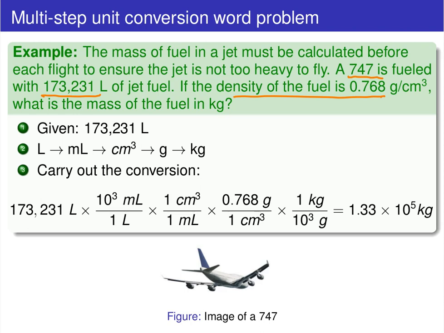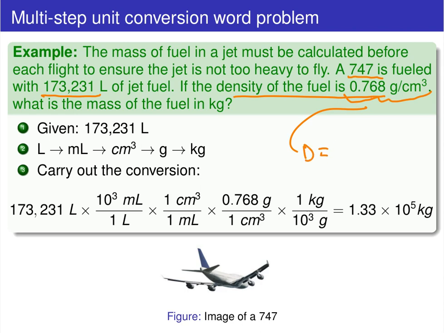So in this case, it's actually going to be useful for us to write down these conversion factors in such a way that we're really drawing out what we're doing here. The conversion factor that we're going to be relying upon heavily is the density. We saw this before, it's mass over volume.